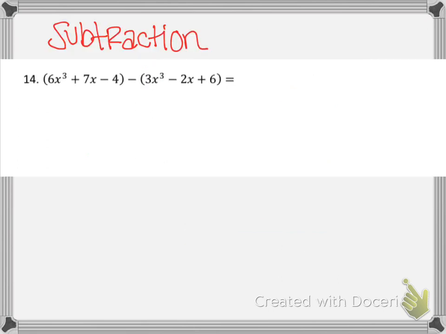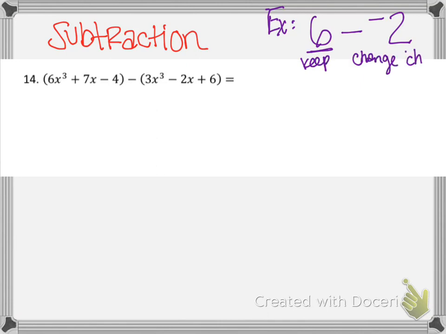The next section, we're going to talk a little bit about subtraction. It's a little bit different. If we remember some integer operations, as an example, if I had something like 6 minus negative 2, we keep, change, change.